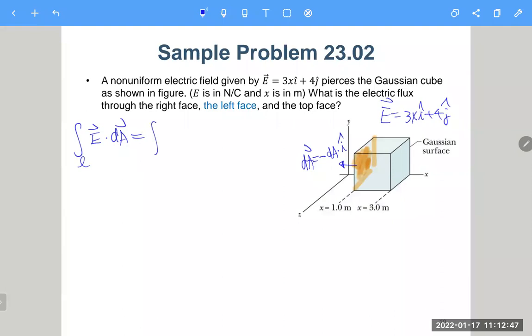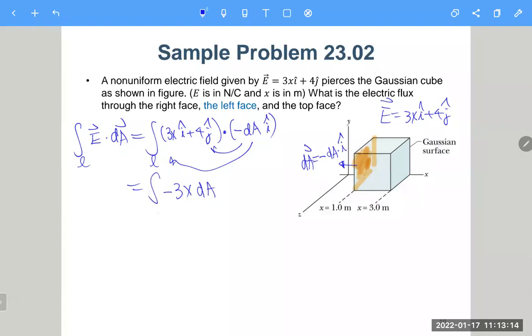Okay, so here we have the integral over L of 3x i hat plus 4j hat dotted with negative dA i hat. Similarly, we can distribute. For the first term, we have negative 3x dA integrated over L. For the second term, we have j dot i, which will be 0.